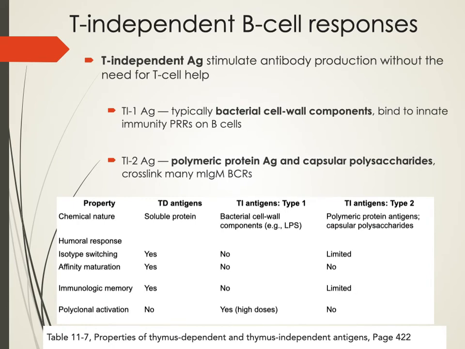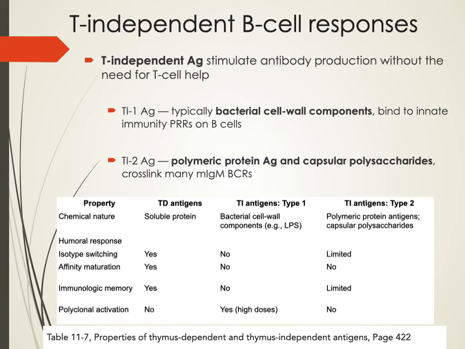So we've talked quite a bit about T-cell dependent B-cell response, but we also have T-independent B-cell response. And again, we talked about the fact that there are two types of response, TI1 and TI2 antigen response.